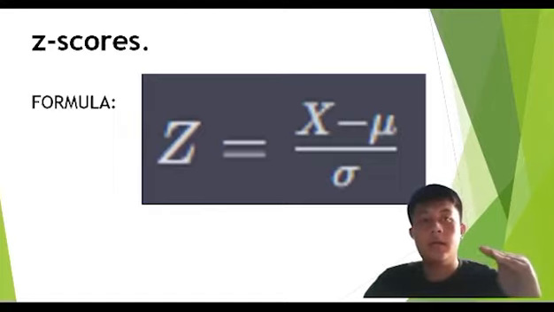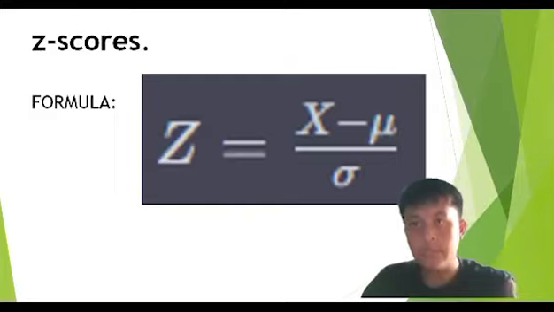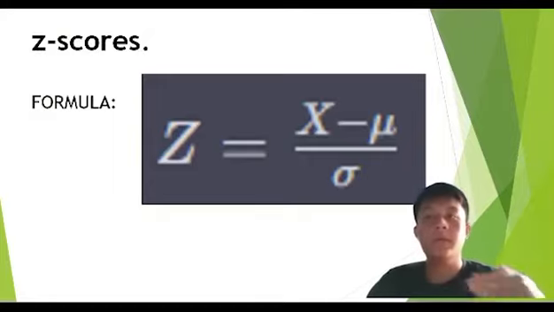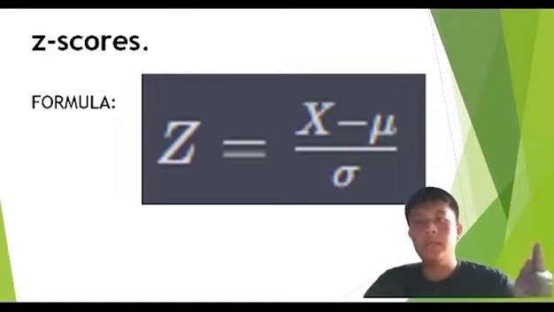Nasa below siya ng mean. And then the magnitude of the z-score indicates how far the data point is from the mean in terms of standard deviation.